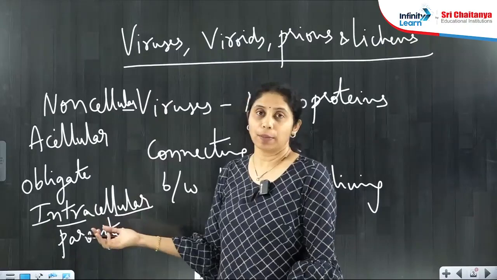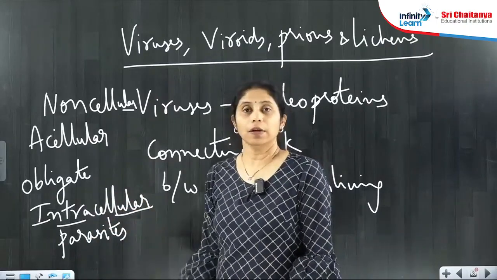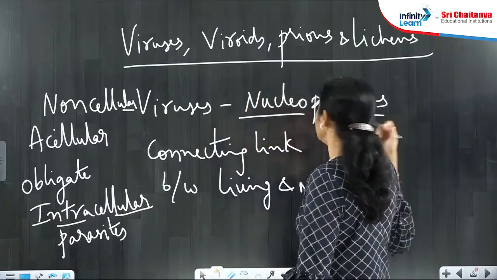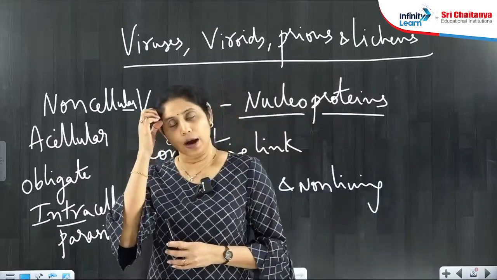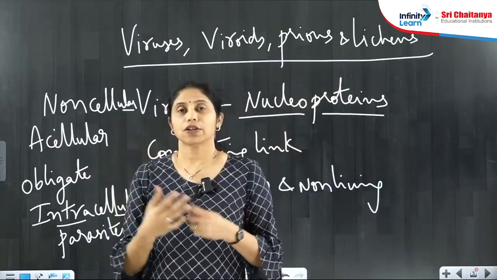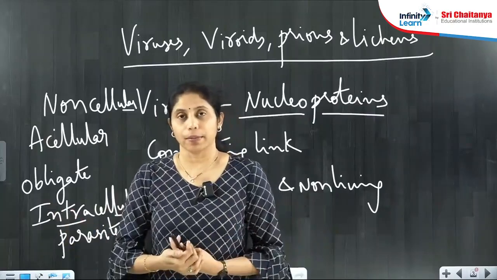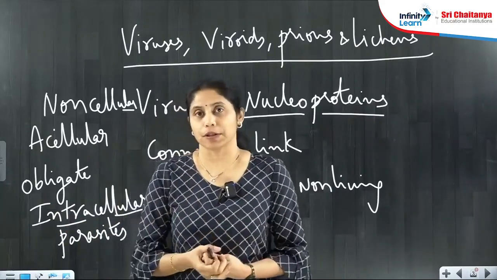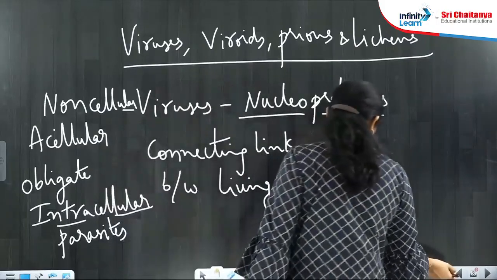So, they are called obligate intracellular parasites. And these viruses are made up of nucleoproteins. But who first discovered the virus, how their functions are known, what diseases are caused by them, or whether any virus is helpful for us, all those things started with experiments. So, one scientist is there, Dmitry Ivanovsky.